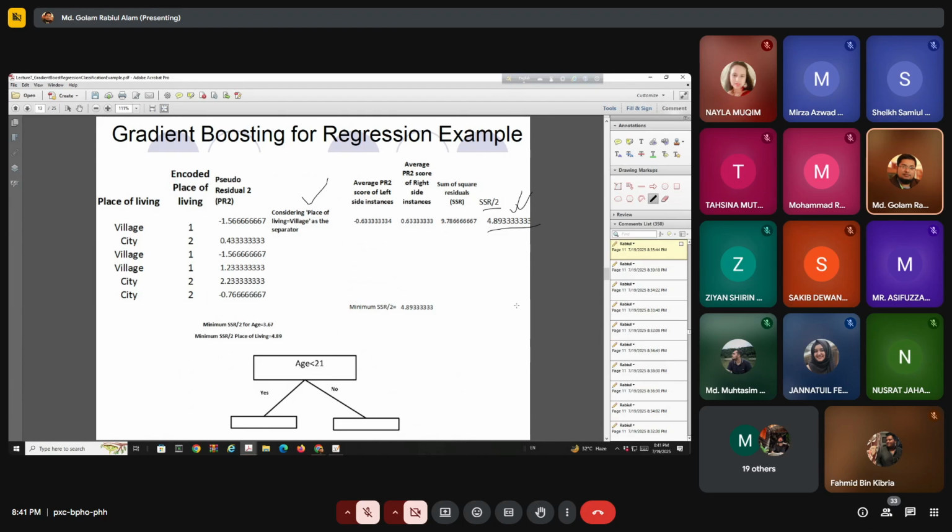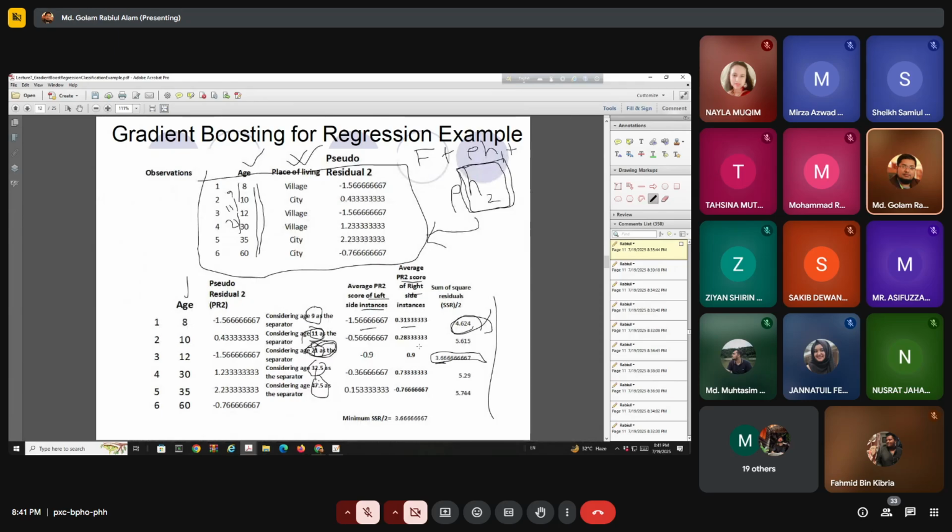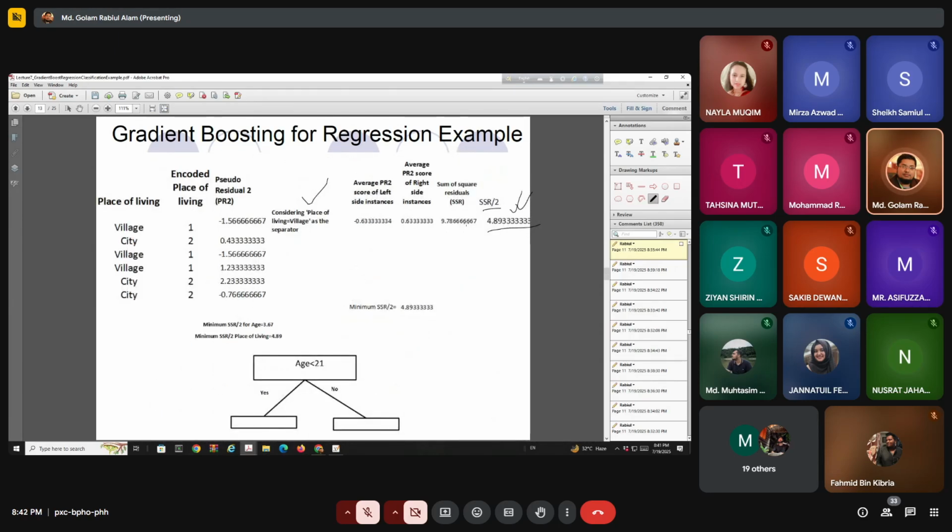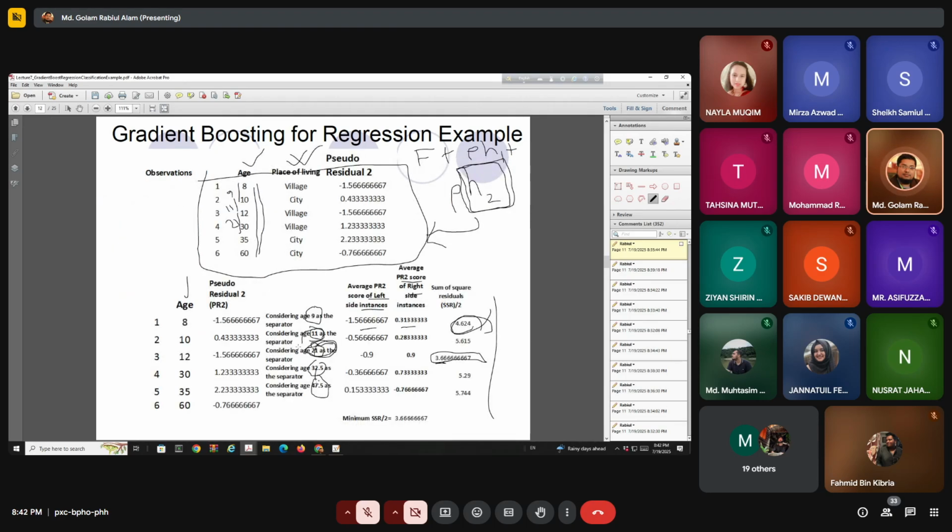Now we have to compare between these two. Previously we have 3.67 and here it is 4.89. That means age induced the minimum sum of the square residual by 2. So that's why we have to consider the age, age 21.